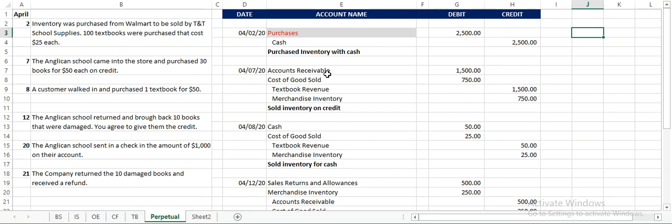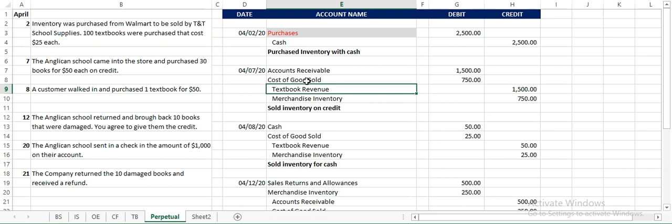The ones that record the effect of the sale are accounts receivable and textbook revenue, because those are the only ones that take into consideration the sale price. These other 2 accounts, cost of goods sold and merchandise inventory, do not take into consideration the sale, but they take into consideration the inventory.